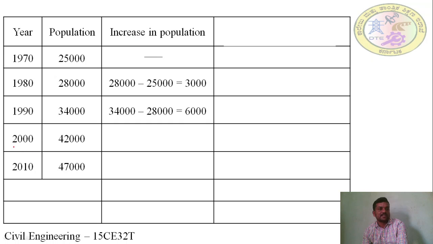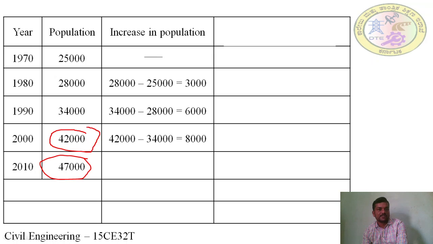Increase in population for the year 2000 is population in 2000 minus population in 1990, that is 42,000 minus 34,000 is equal to 8,000. Increase in population for the year 2010 is the difference between population of 2010 and population of 2000. Here 47,000 minus 42,000 is equal to 5,000.